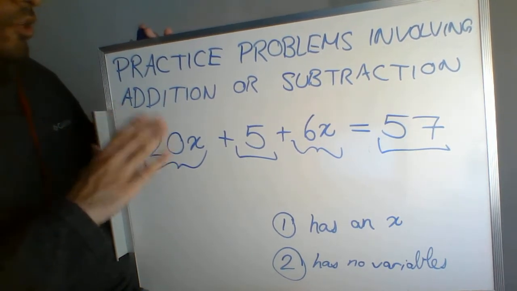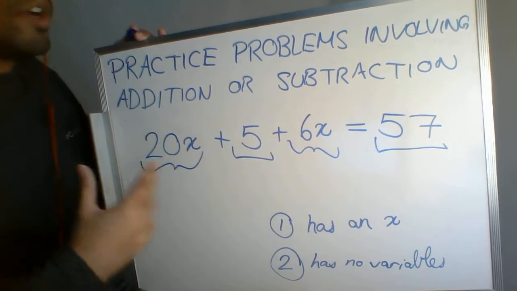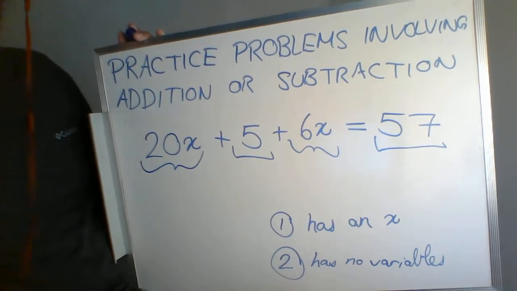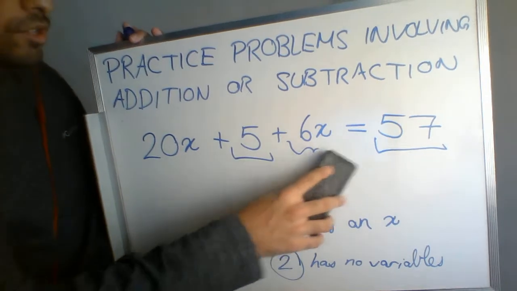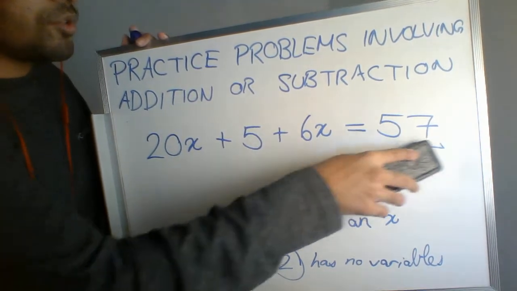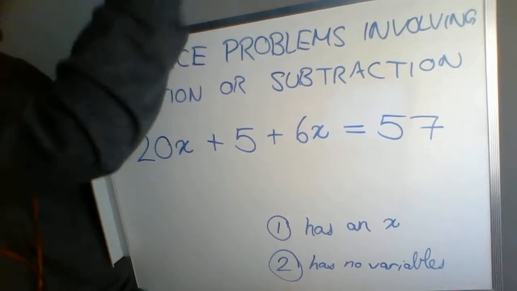Basically, you can only add together terms that have the same types of variables in them. So we've got two types here, one with an x and one with no variables whatsoever. So what I'm going to do is ever so slightly rearrange this first line, and stick the 20x and the 6x side by side. I'm going to put them next to one another.